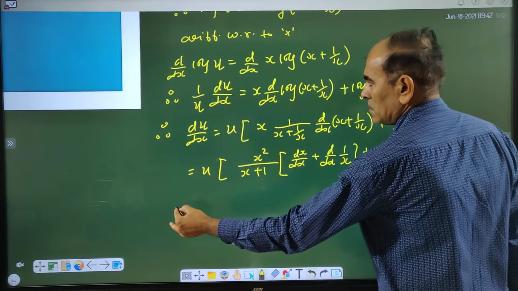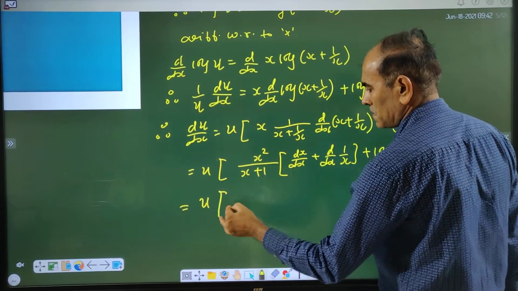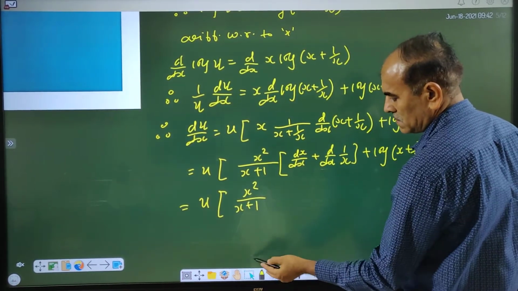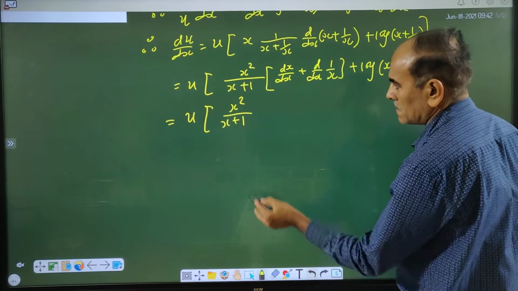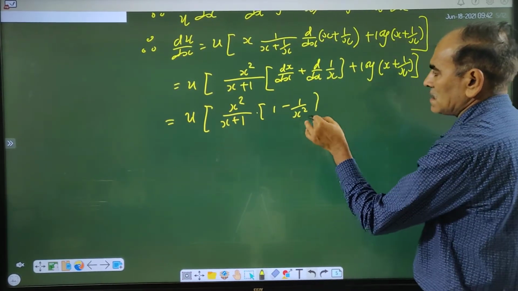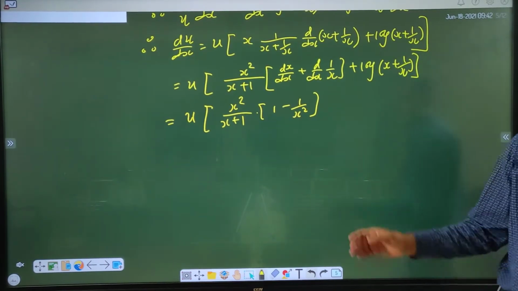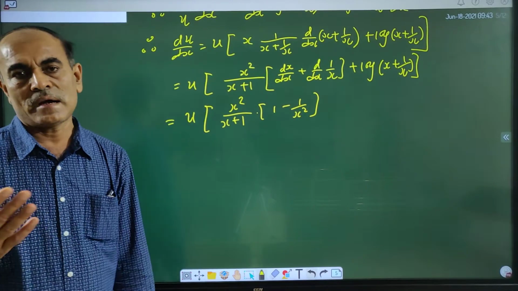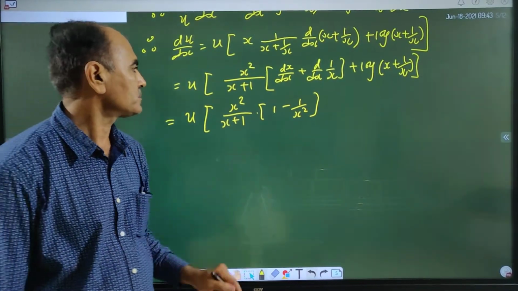And that is equal to u times x square over x plus 1. What we get here? 1 minus 1 by x square. Why? Derivative of x is 1 and d by dx of 1 by x is minus 1 by x square.